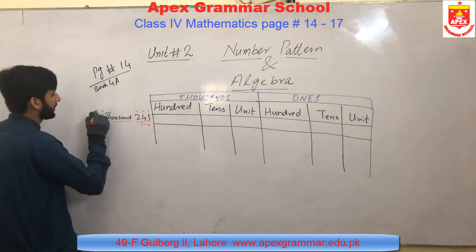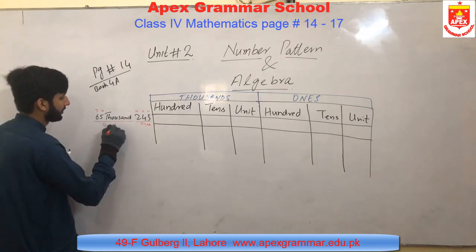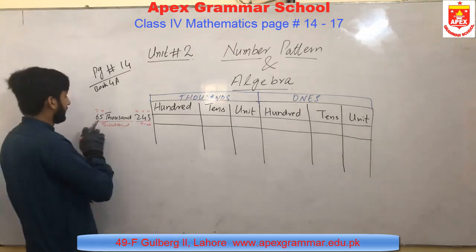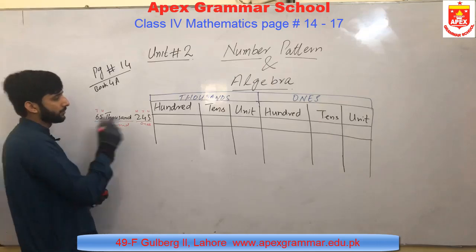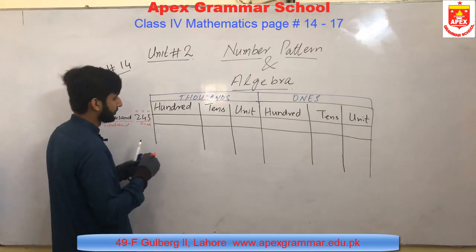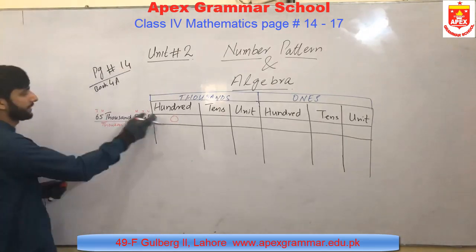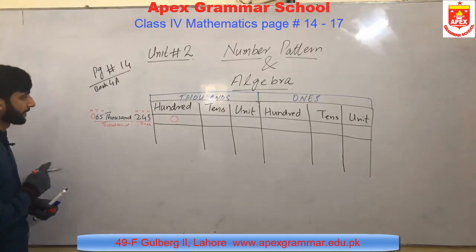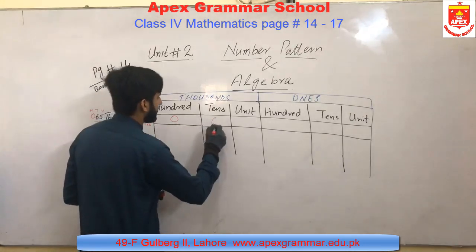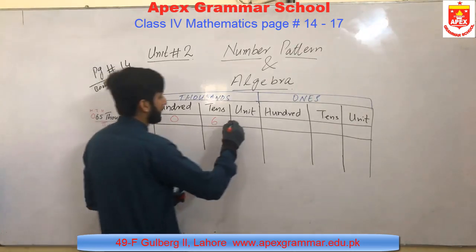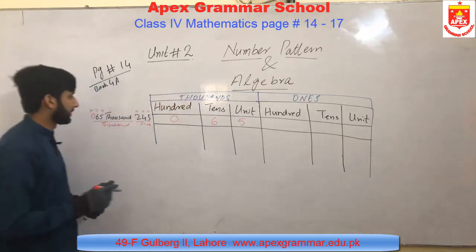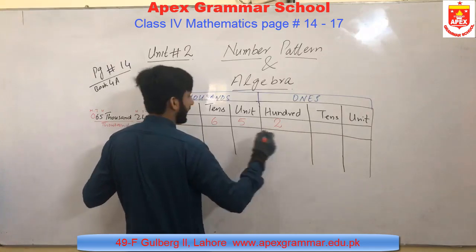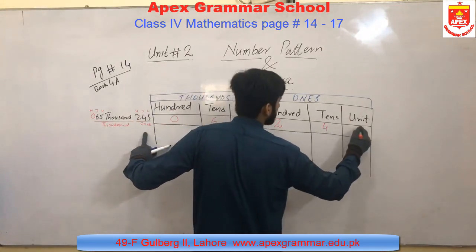This is unit and 10 in thousand. There is no 100 in thousand side, so I will write 0 because there is no 100. Then 6 is at tens and 5 is at unit. And on one side 2 is at 100, 4 at tens, and last one is 5.